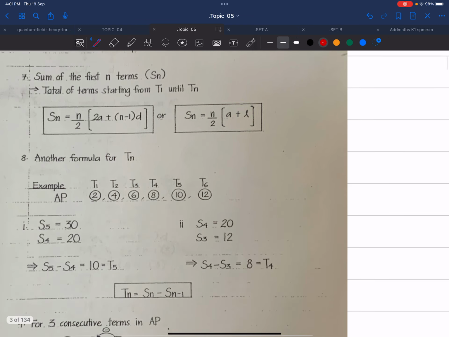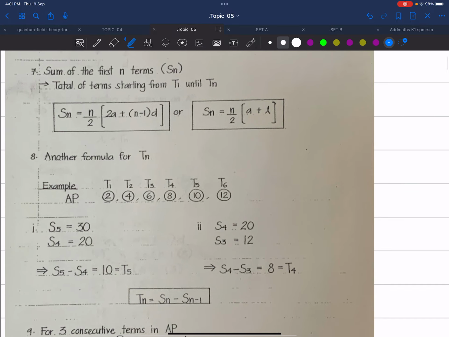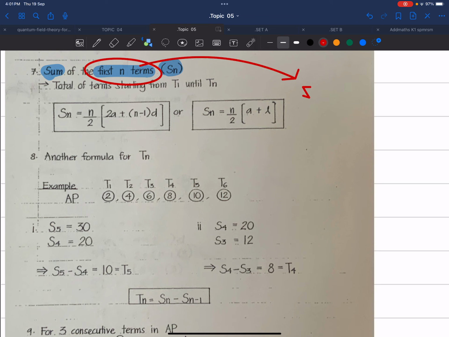Next, we have the formula for the sum of the first n terms, symbol Sn. Now when we say the first n terms, it means we are finding the sum from the first term.